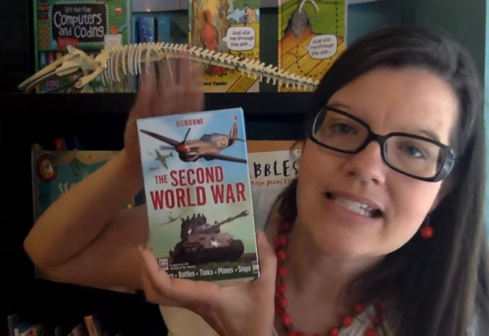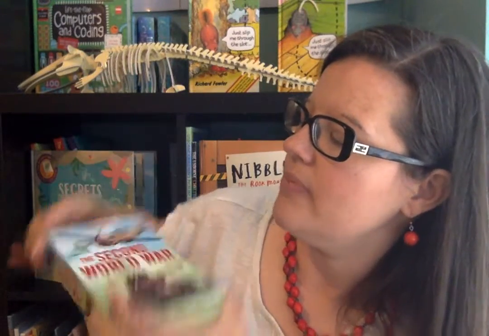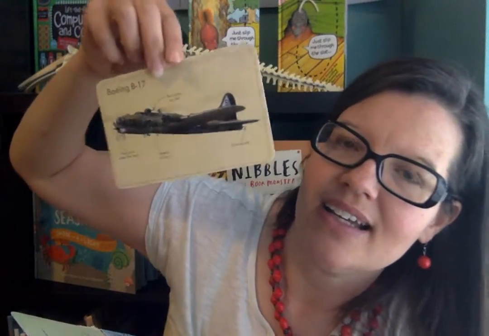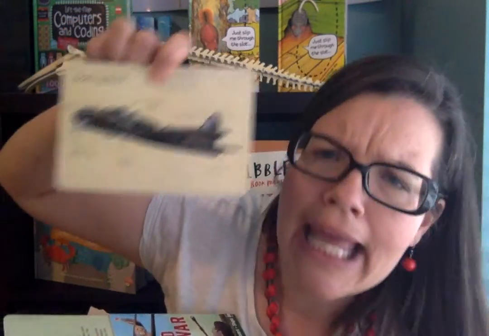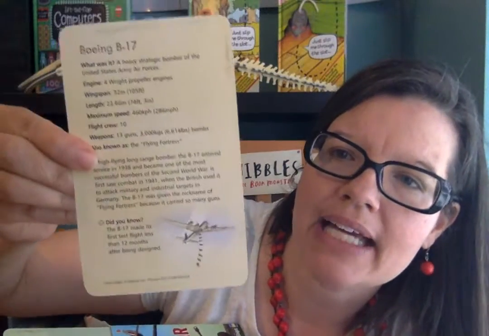And then we also have these flashcards. This is the Second World War, but we have these for the First World War as well. If you have fact lovers like my son Zart, you would love it. A lot of what is in here are the different vehicles, war planes and tanks that were used. This is the Boeing B-17, and then the back gives all the information about that. Here's the M4 Sherman tank.